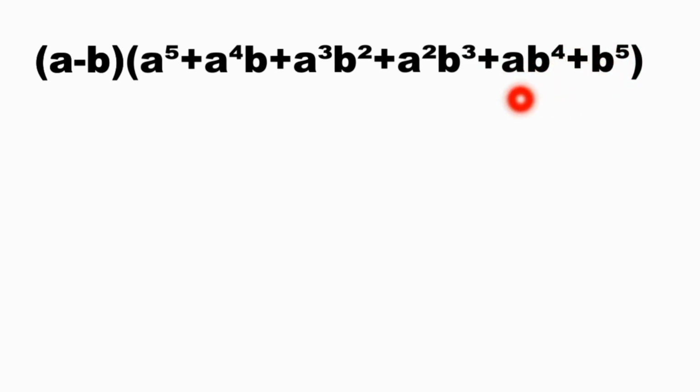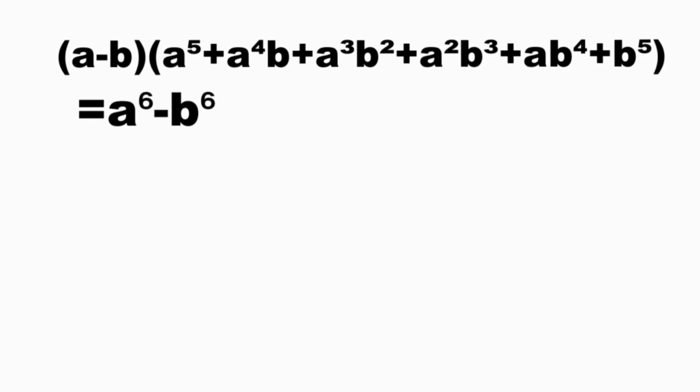So descending power of a while ascending power of b. The answer for this is a to the 6 minus b to the 6. You can do this by multiplying a to the fifth minus b times b to the fifth, which is b to the 6. So a to the 6 minus b to the 6.